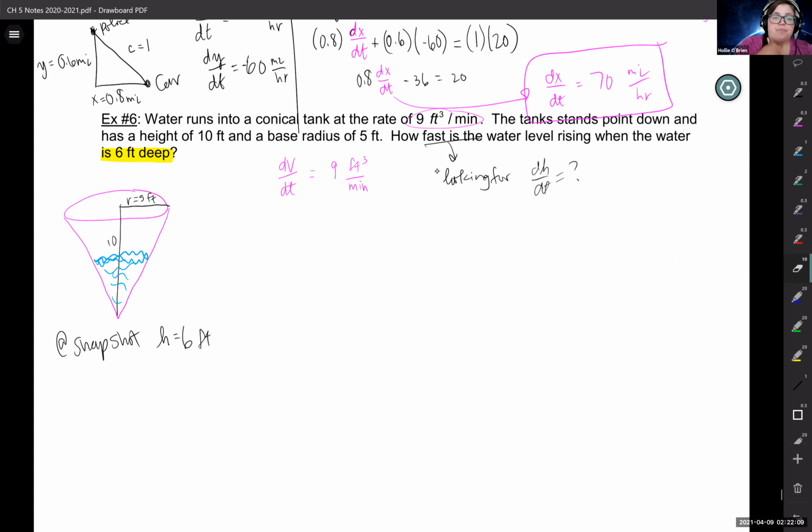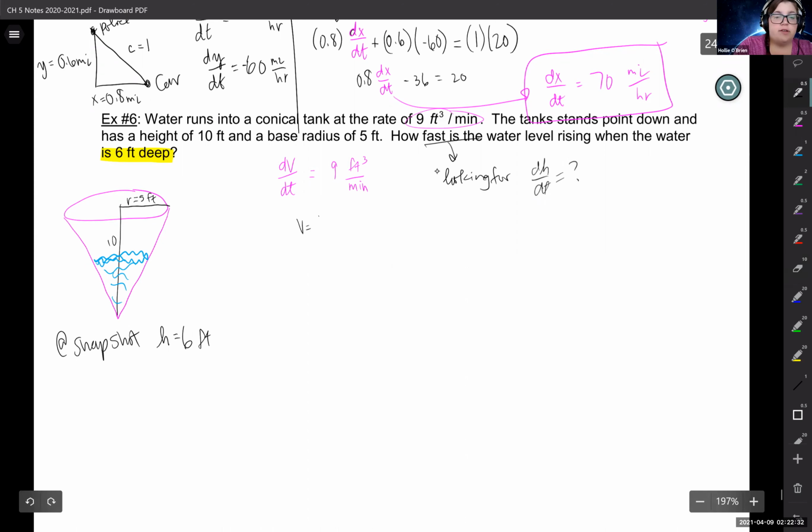Okay. So we have this information. We have a rate of change of volume. We need height. We have the radius of the tank. So really the only equation we know is the volume of a cone. So we're going to use the volume of a cone.